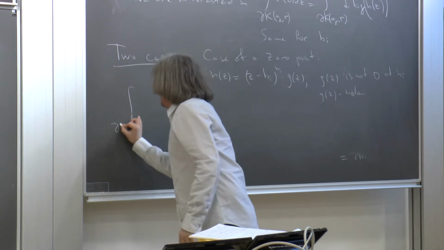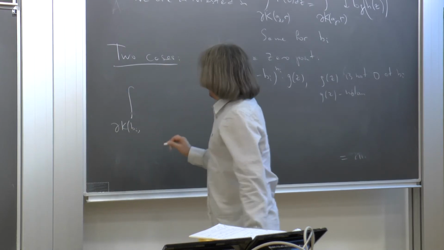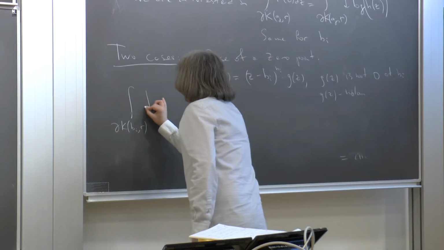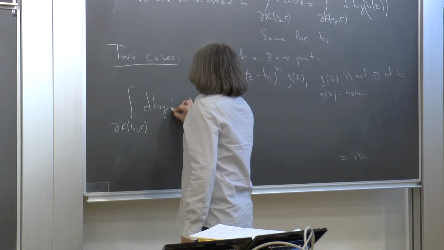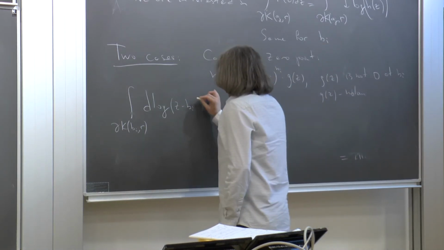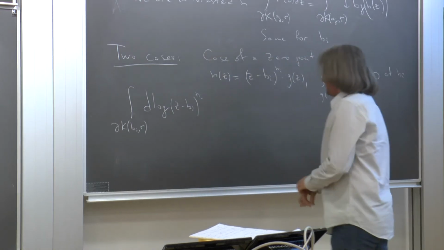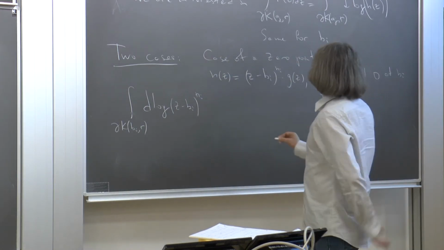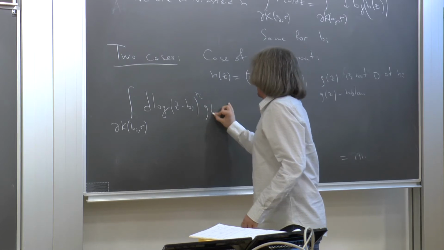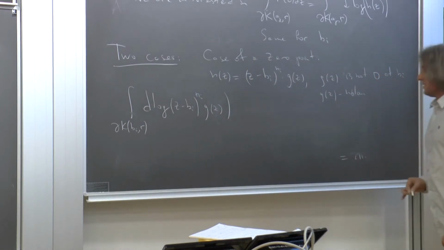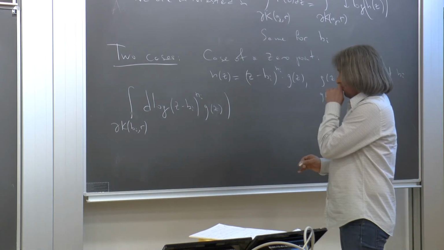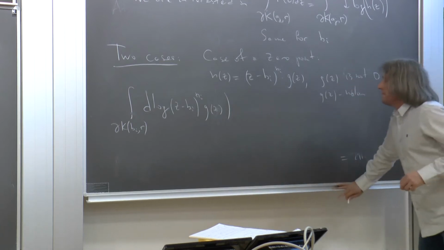Integral over the circle around b_i of radius r of d log of (z minus b_i) to the n_i times g of z. We have the properties to use.